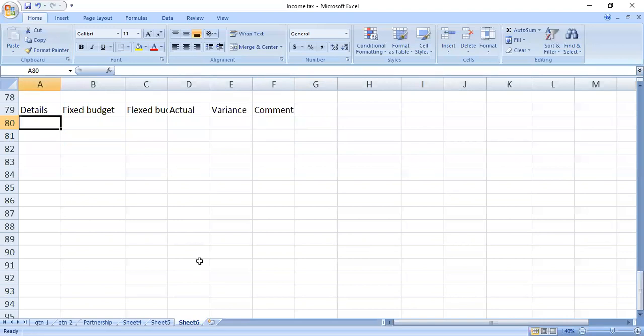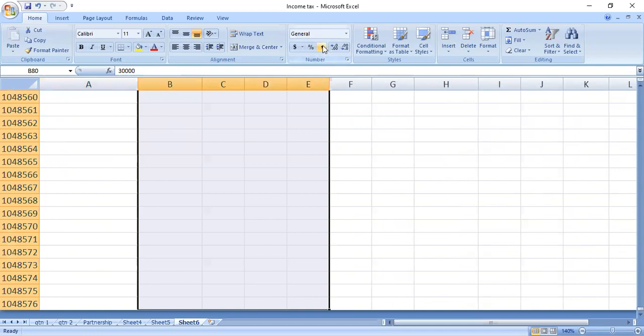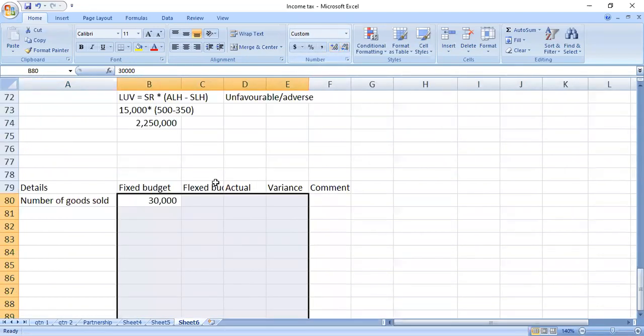Okay, so details shall begin with the level of activity. In this case, number of goods sold. So we already saw that the fixed is at 30 units.